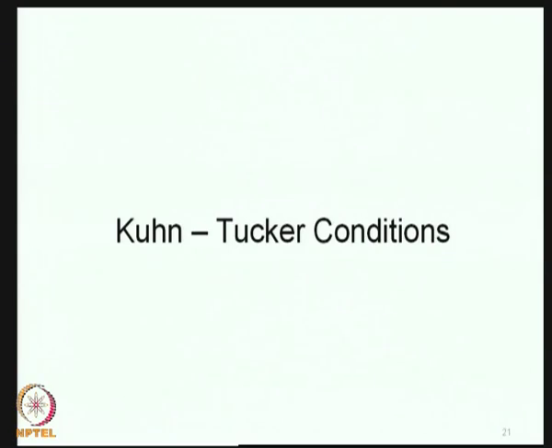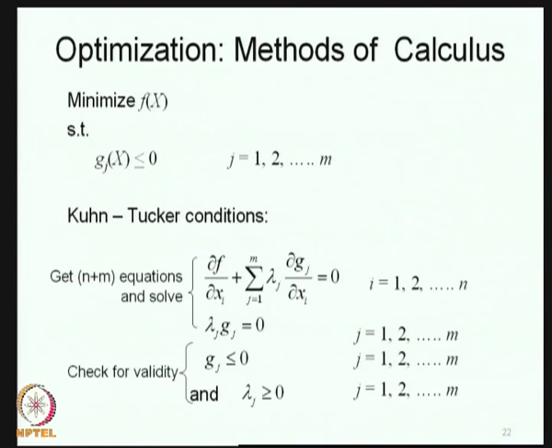Now, the Kuhn-Tucker conditions can be stated for a general optimization problem. So, we will state this for the problem: minimize f of x subject to g j of x less than or equal to 0. This is the optimization problem that we are stating.